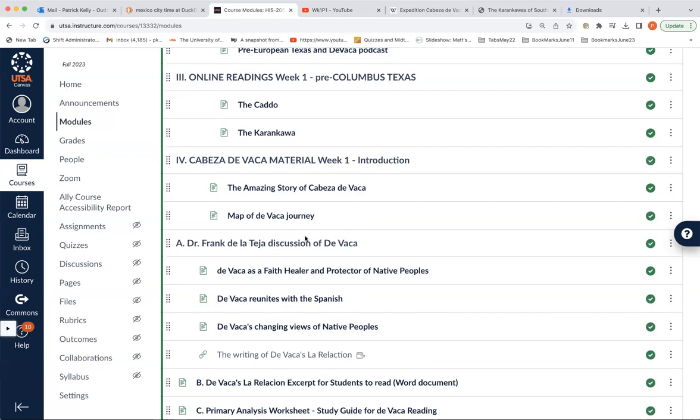What I mean by that is that when he washed ashore in what is now Texas, he thought he was superior to the native groups he encountered. But by the time he walked across North America and reunited with the Spanish, he had gained a tremendous respect for the native groups that he encountered. And so I really admire his humanity, his insight, his evolution as a person.